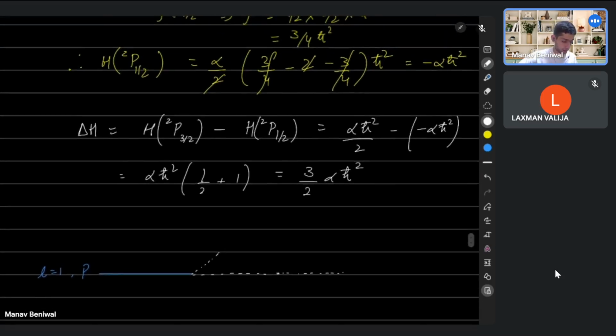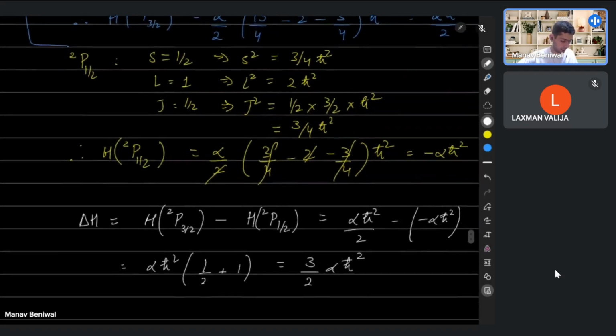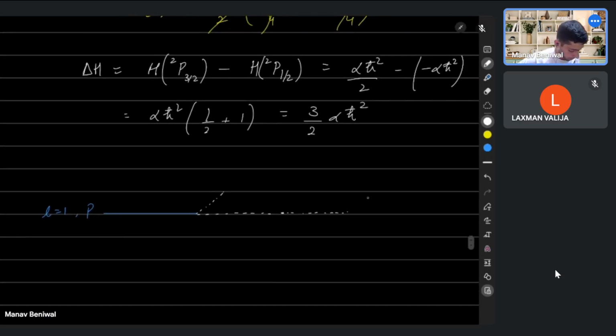One is half alpha h cut squared, and the other is minus alpha h cut squared. So our states now look like this.